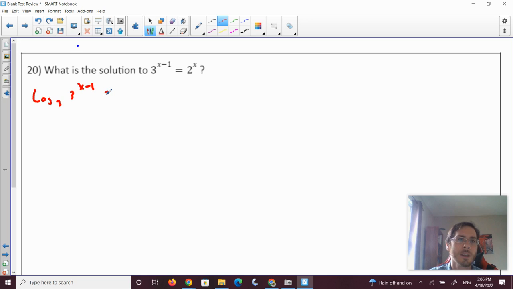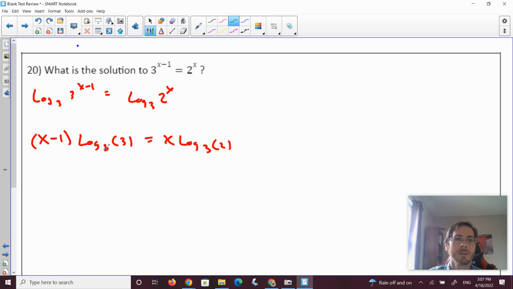The reason for that is remember, now that these are exponents, I can turn them into coefficients. So x log base 3 of 2. Now, remember, log base 3 of 3 is going to be 1.